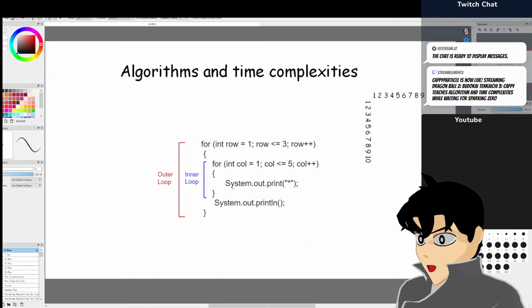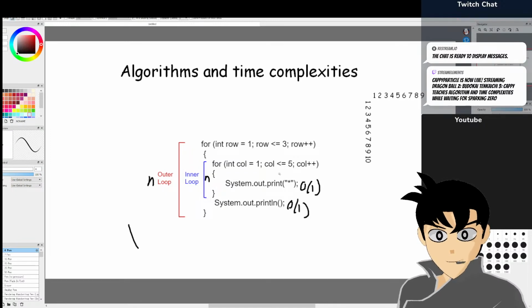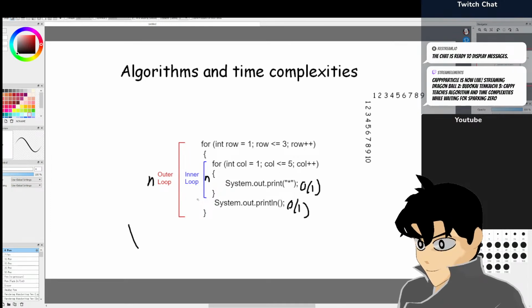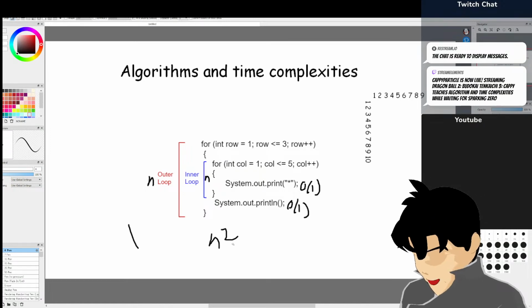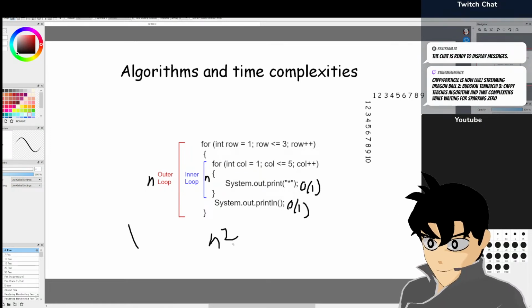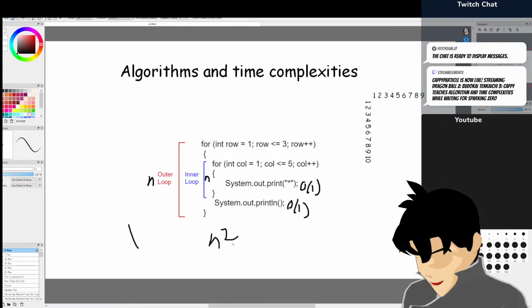There's an inner loop and an outer loop. This loop is in time of n, and this one also is in n. So n times n is n squared. This is the operation of 1. So this is an n squared type of operation. Not operation, time complexity.